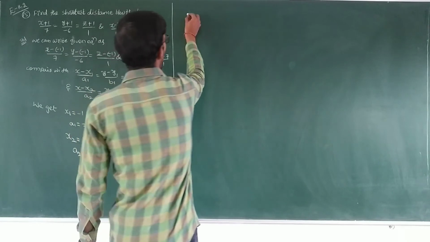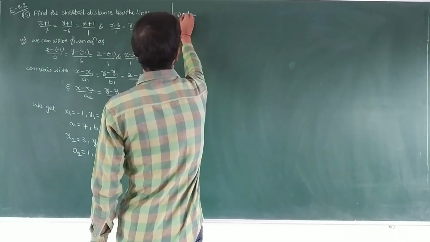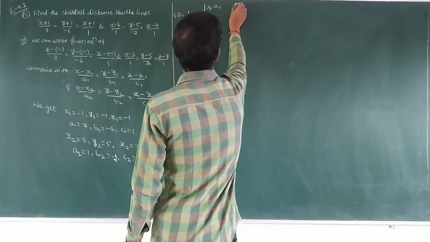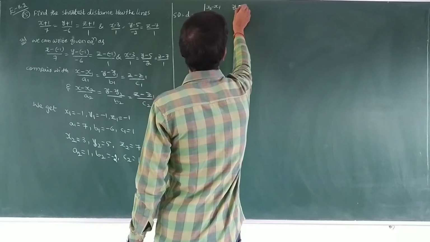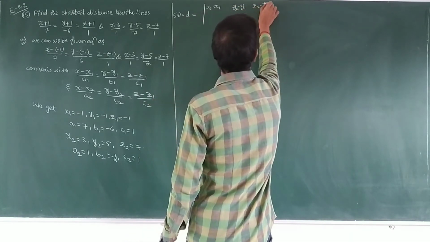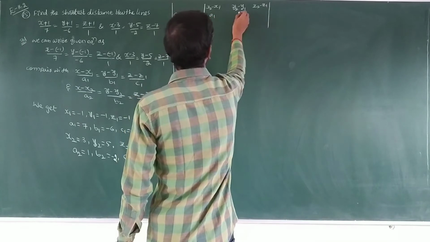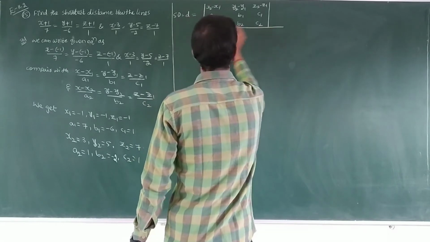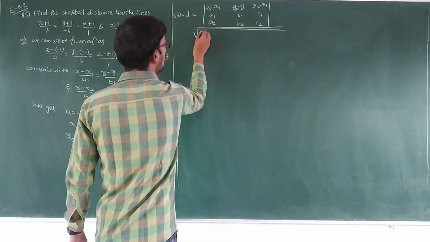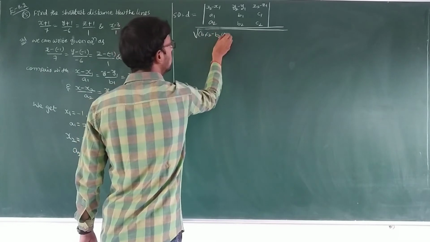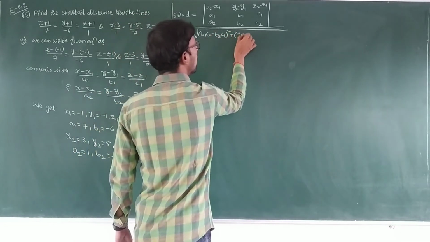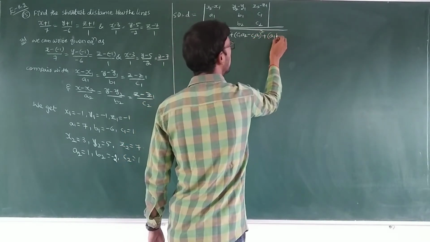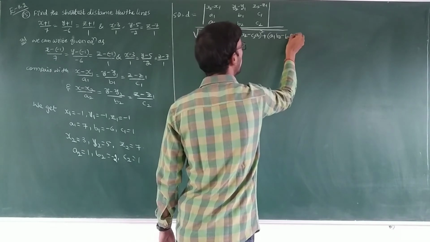We know the formula. D is equal to the shortest distance. D is equal to the determinant of x2 minus x1, y2 minus y1, z2 minus z1, a1 b1 c1, a2 b2 c2, total divided by square root of (b1 c2 minus b2 c1) whole square plus (c1 a2 minus c2 a1) whole square plus (a1 b2 minus a2 b1) whole square.